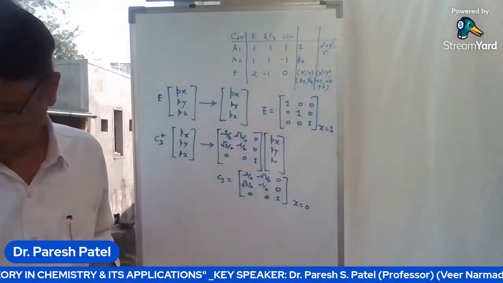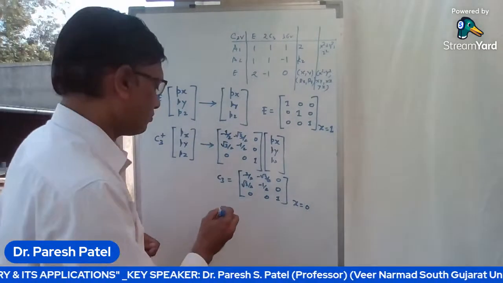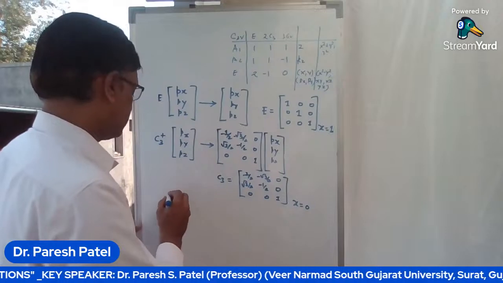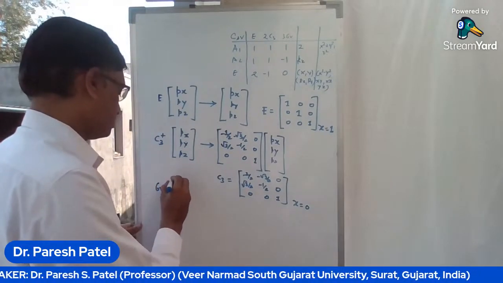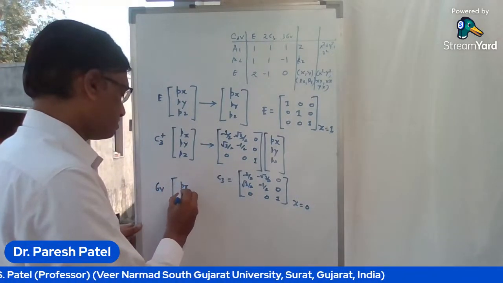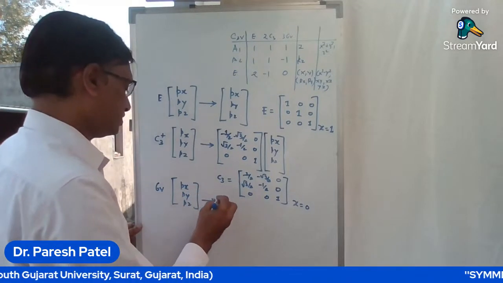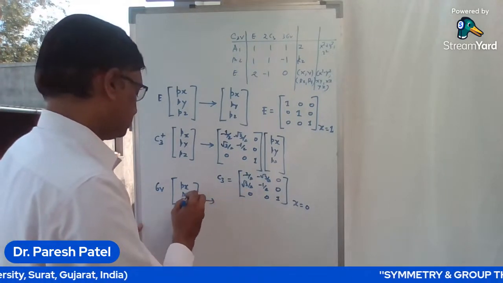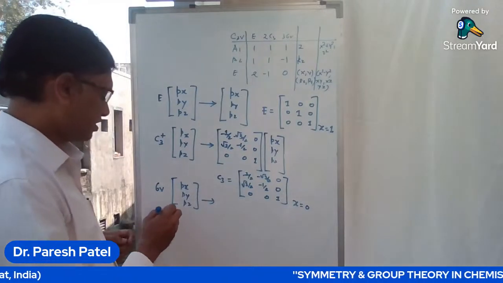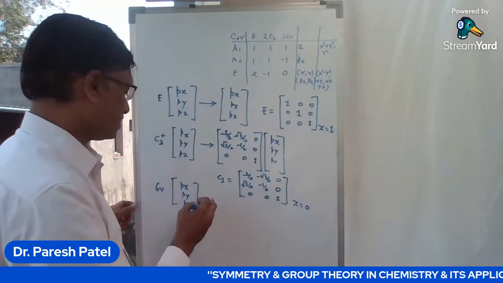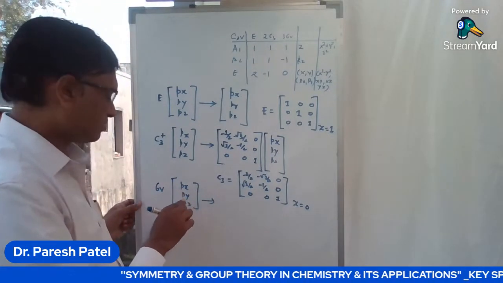And sigma v. If we operate sigma v on px, py, and pz, all the three planes are the y-z plane.